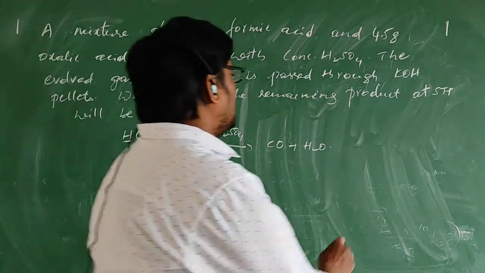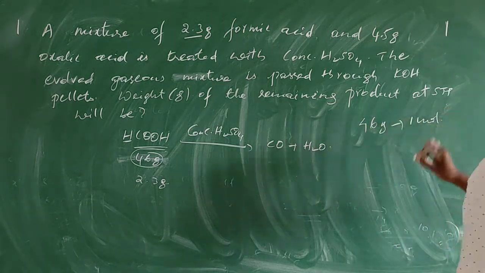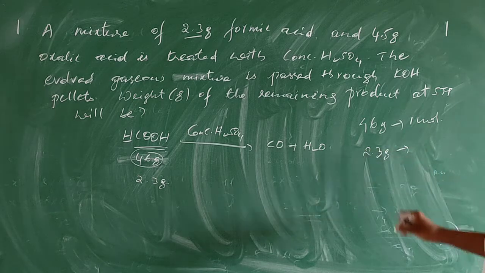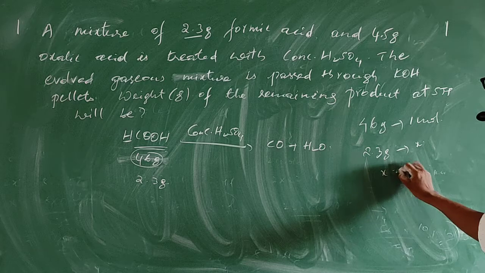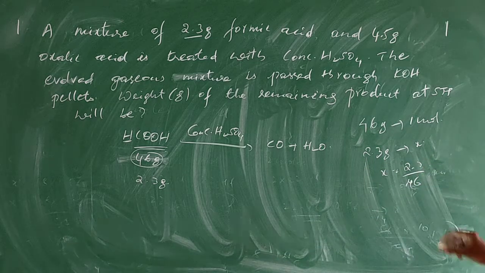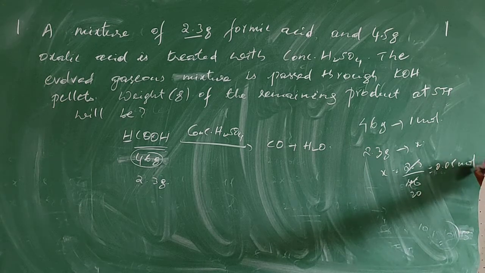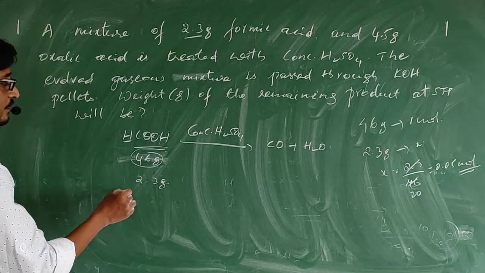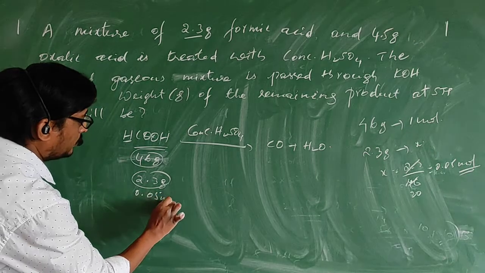So 46 grams represents 1 mole of formic acid. Then 2.3 grams will represent how many moles? Let us think this is x. So x will be equal to 2.3 by 46, which is 0.05. So in the moles form, 2.3 grams represents 0.05.